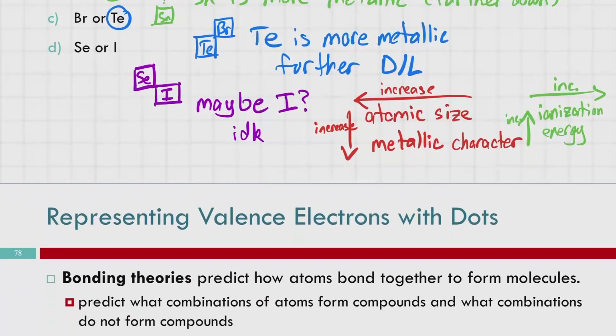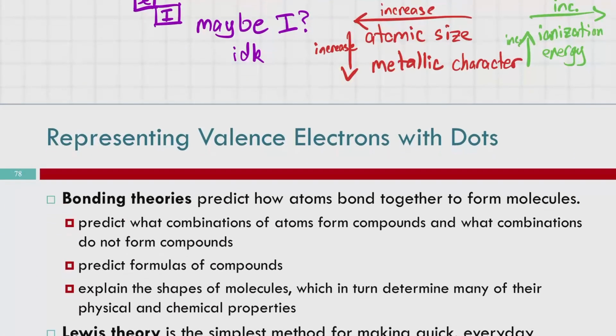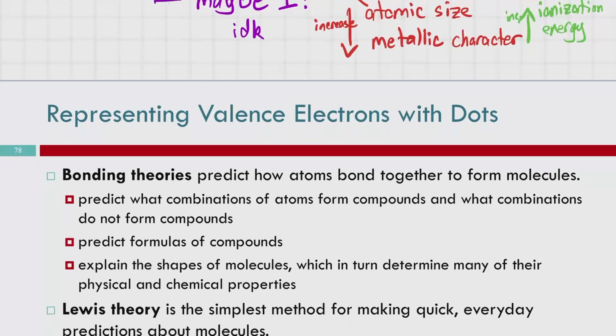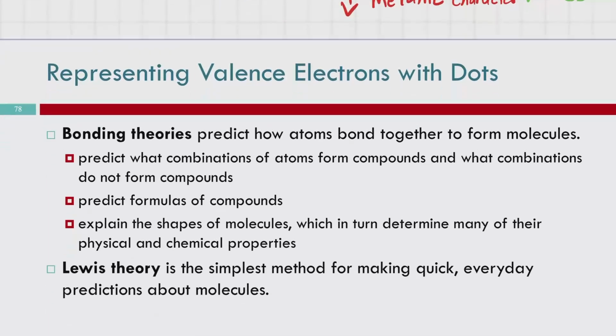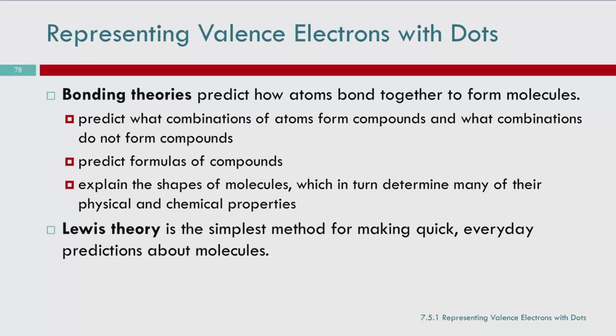All right, representing valence electrons with dots. So a big part of the reason we learned about valence electrons is because they're the outermost electrons, they're the ones that can react. And so we are going to learn a bonding theory, a theory for how atoms bond together to form molecules.